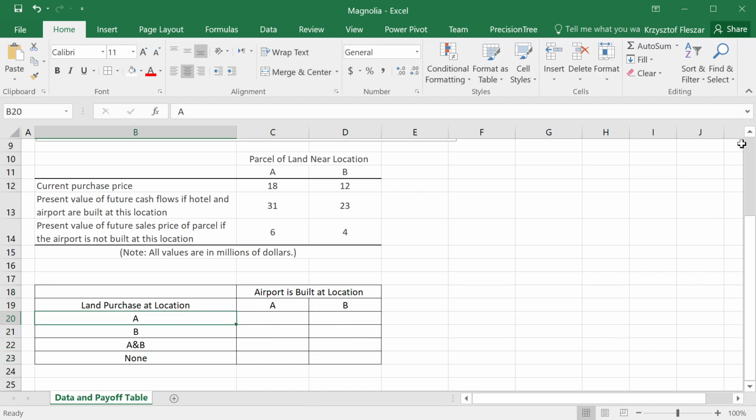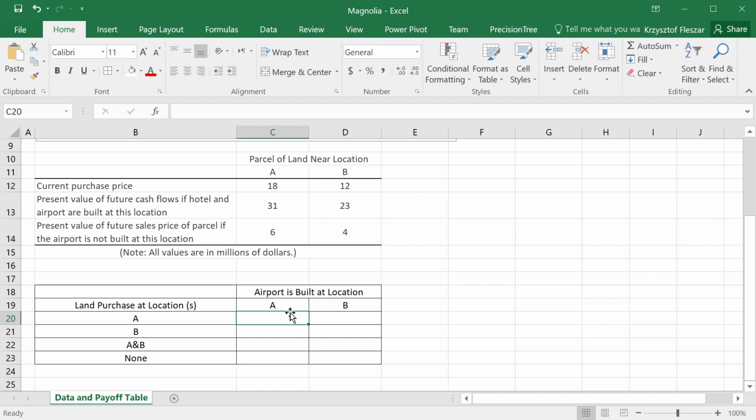So to complete the payoff table, we have to determine the actual payoff values. We now need to realize what will happen if I make a decision to buy land at location A, and the airport is built at location A. What will be the total present value of future cash flows that I will have?